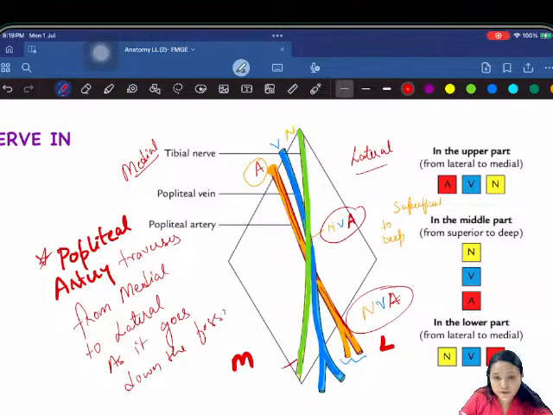Okay, so as it goes down the fossa, the popliteal artery, in the upper part, is medial, in the middle part it is deep, and in the lower part it is lateral. So just try to remember about the popliteal artery.